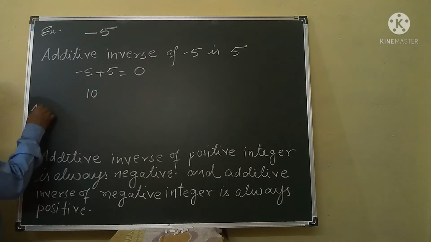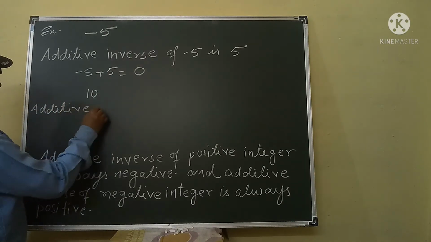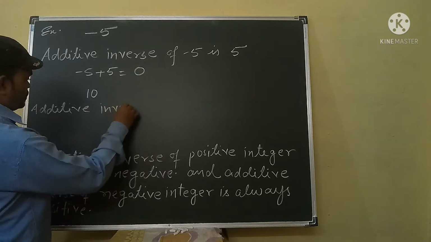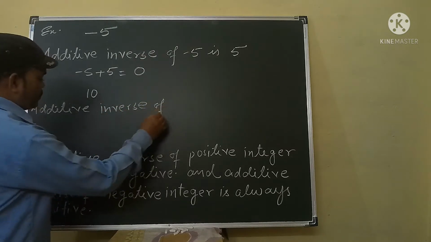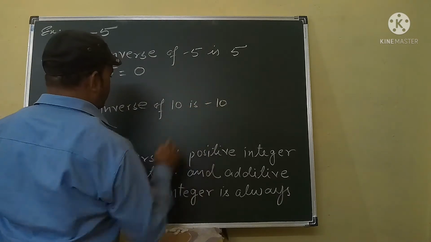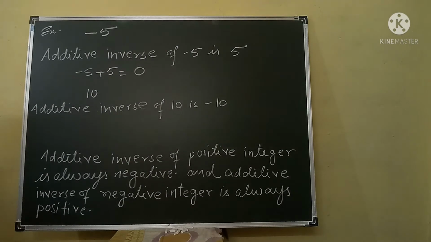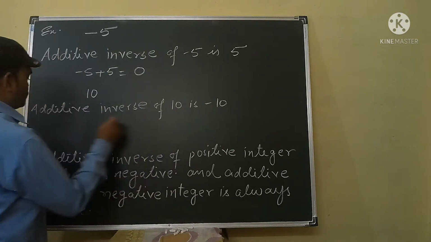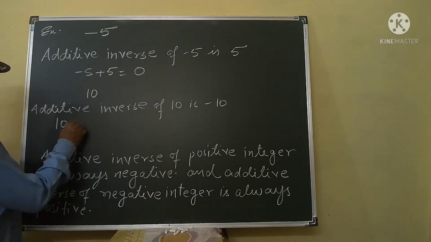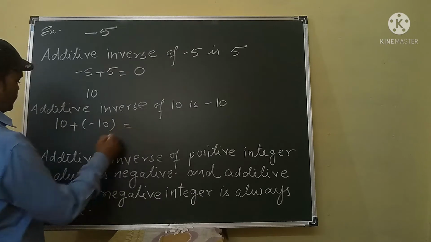So additive inverse of 10 is minus 10. If we add these two integers, 10 plus minus 10, what will you get?